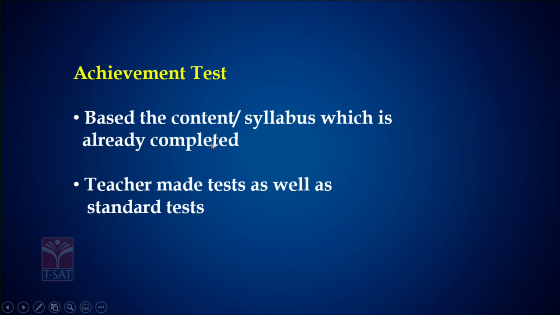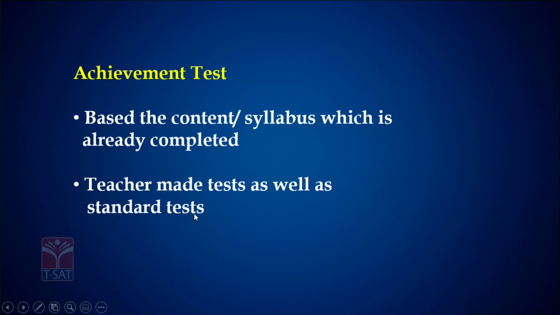And the achievement test, it is very familiar. It is based on the content or syllabus which is prescribed and which is already completed, and generally an achievement test focuses on the end product, and it can be of two types: teacher-made tests as well as standard tests. Public examinations are good examples of achievement tests. Sometimes teachers prepare their question papers and administer them in the classroom.